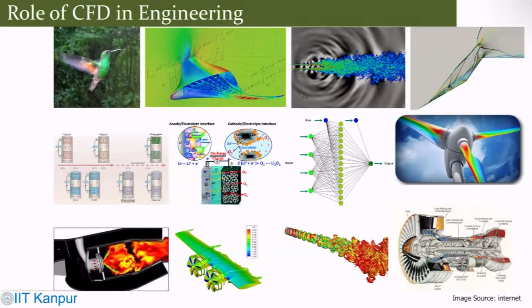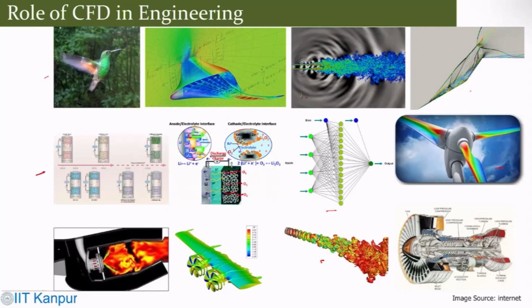You can see this is an application which is the flapping of a bird. Next one, flow over a morphing wing, noise. These are AI ML applications. This is a wind turbine application. This is an electrochemical system, a gas turbine application.